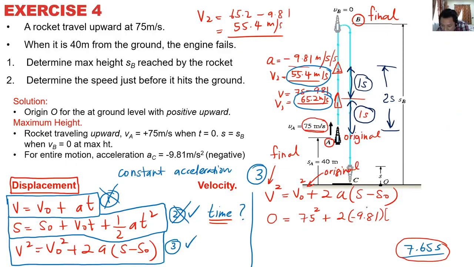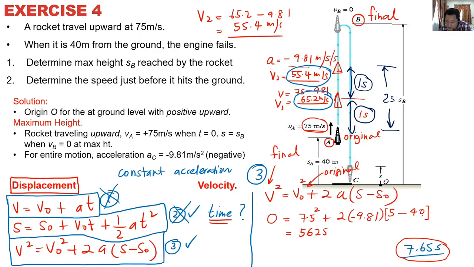75 squared, ini adalah final. Final displacement you don't know. Original displacement, what is it? Kamu dah terbang 40 meter kan? So dah tahulah. You have fly away 40 meter. So, berapa? Boleh settle tak? 75 squared, 5625. 5, 6, 2, 5.